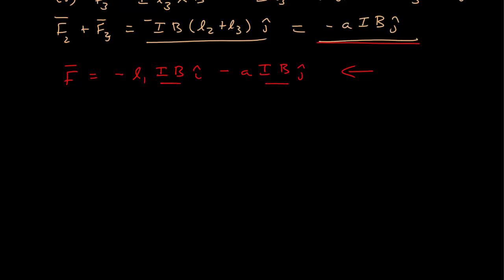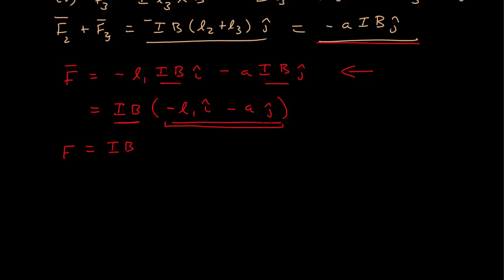It looks like I can factor out a factor of IB, current times magnetic field, which leaves me with negative (L1 i hat plus A j hat). Okay, that now really looks pretty simple. I can calculate the magnitude of this: there's IB, which just factors out, times the magnitude of this vector.